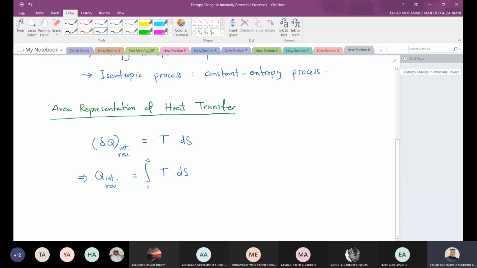It means the integral of T ds is just the area on the TS diagram.